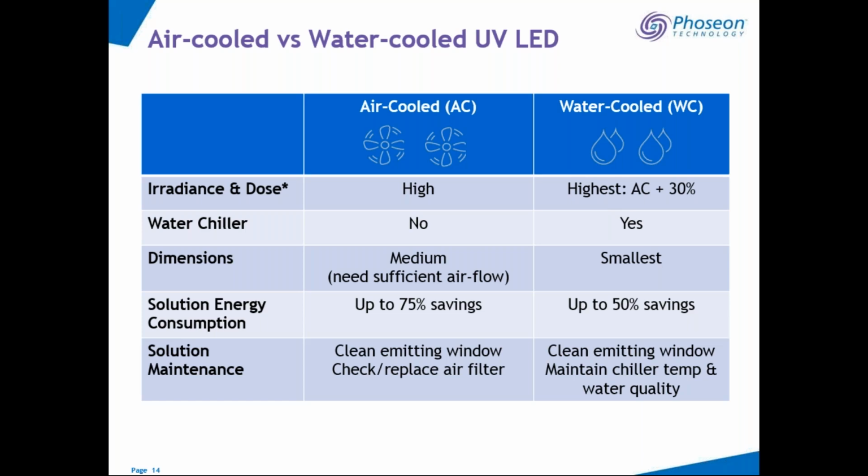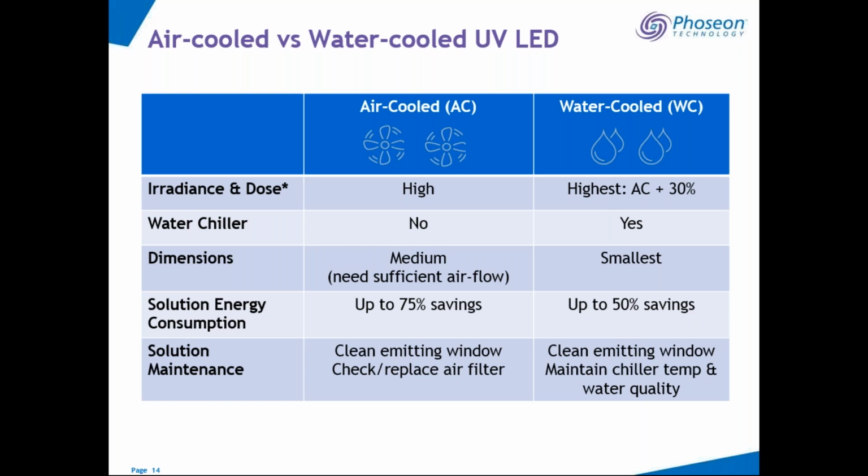So that's why we call it high, and then the highest that go along with that. The benefits of air-cooled are really the simplicity that comes along with your curing solution. You do not need a chiller. You can replace a lot of the infrastructure that's needed with a water-cooled capability to make sure that those lamps are remaining cool. But with air-cooled, we're just using the ambient air around the press.